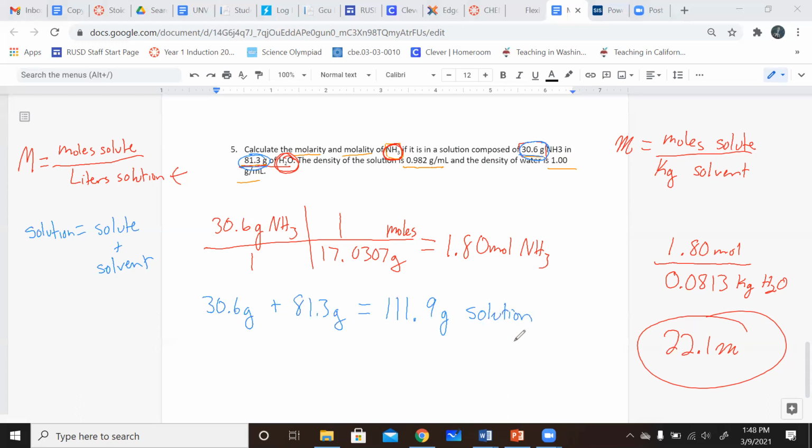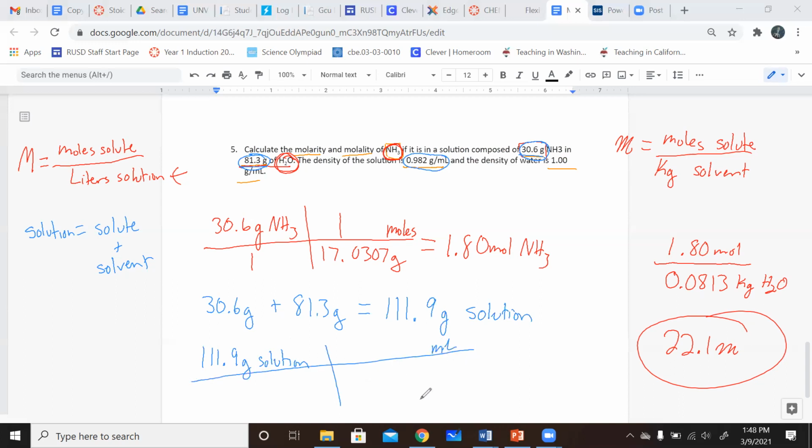Okay, but we don't need it in grams. We need to know our solution in liters. So how are we going to figure that out? That's when the density of the solution comes into play, because we know what the solution's density is, and that's going to allow us to convert between grams and milliliters. So we're going to take our 111.9 grams of solution, and we want milliliters.